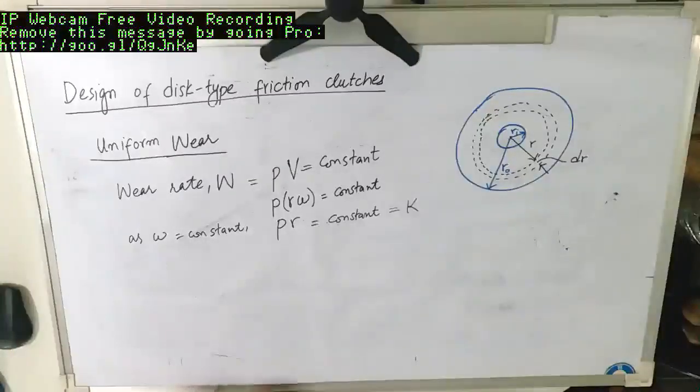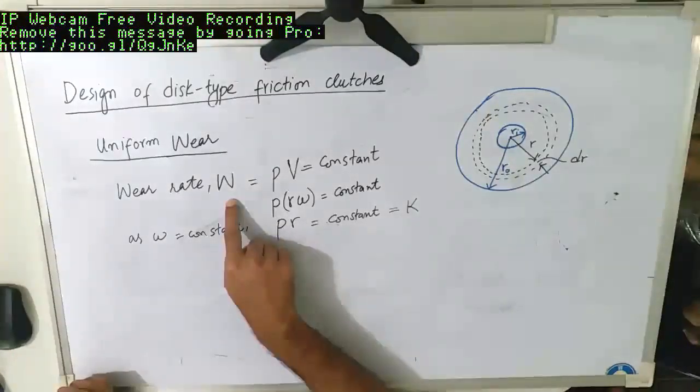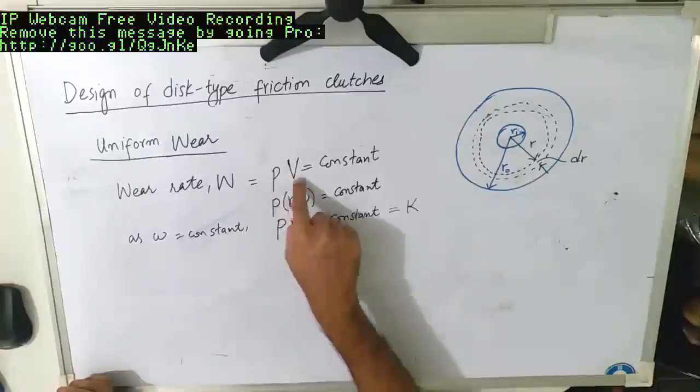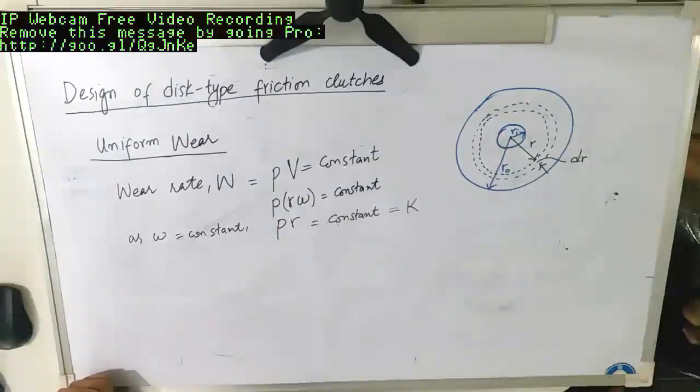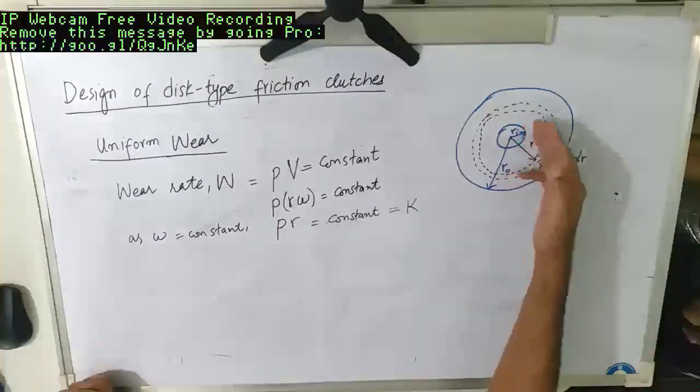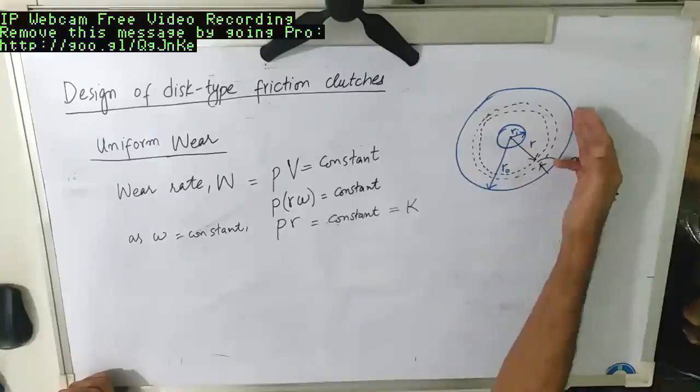Now since we are assuming that the wear rate is constant, this product is equal to a constant, but the pressure is not constant throughout the surface. So it means that the pressure is going to vary from the inner surface to the outer surface.